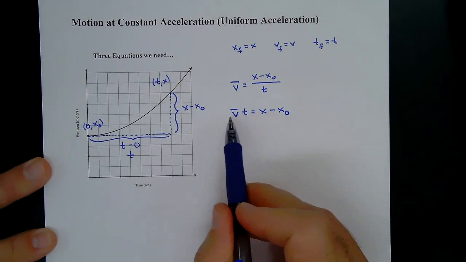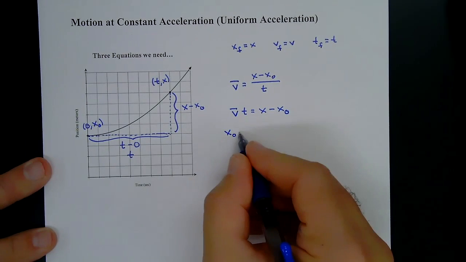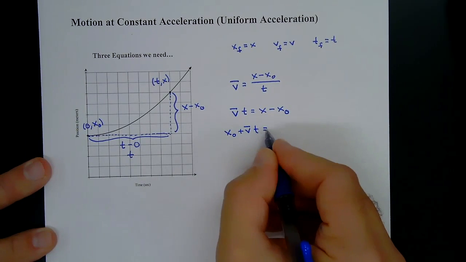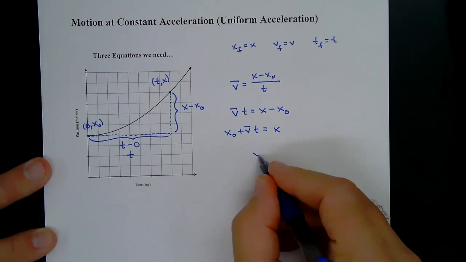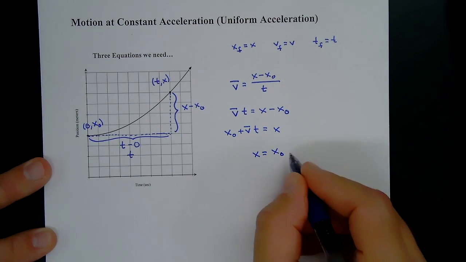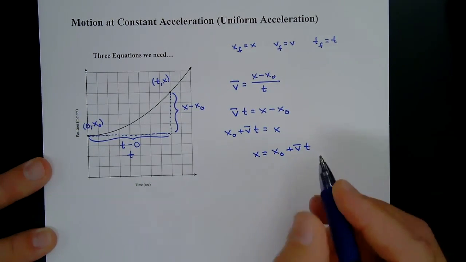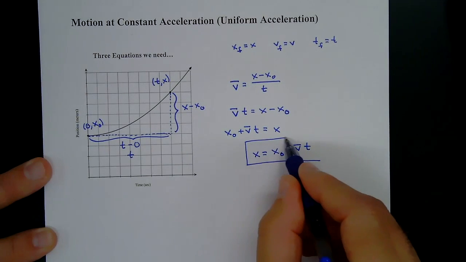And then I'm going to add x sub o to both sides. So I get x sub o plus the average velocity times time, and that's going to equal my final position. Okay, so this is going to be a big equation. So my final position I can figure out by taking my initial position and adding my average velocity times my time. And that's one of the equations that we are going to need.